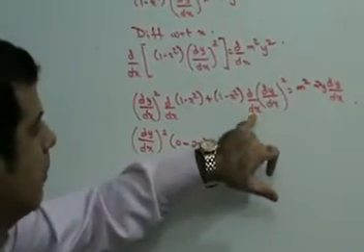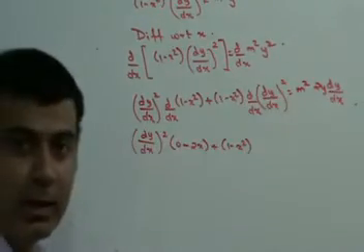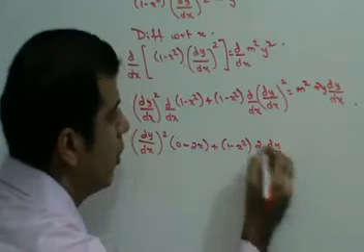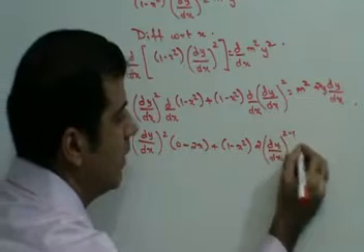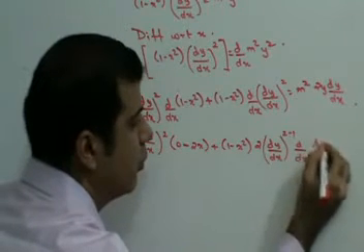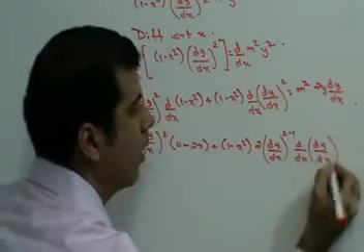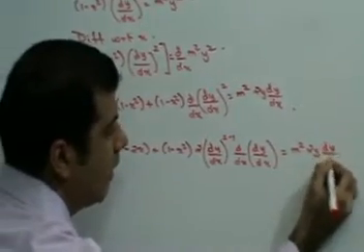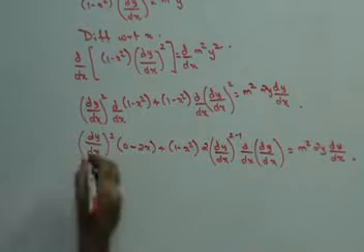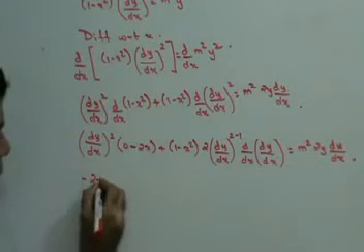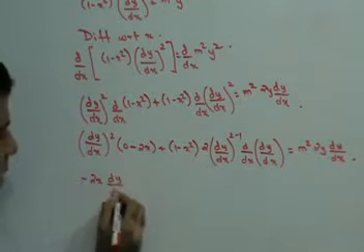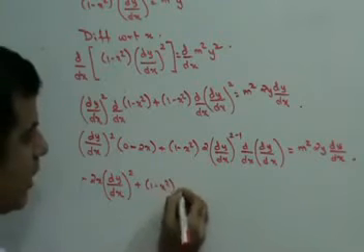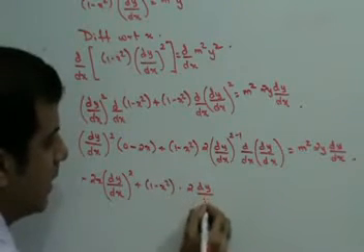Here I can use the formula d by dx of u raised to n is n u raised to n minus 1 d by dx of u, is equal to m square 2y dy by dx, right? Now minus 2x dy by dx the whole square plus 1 minus x square into 2 dy by dx.